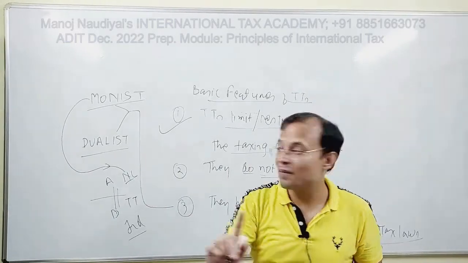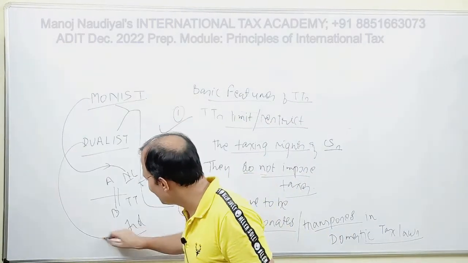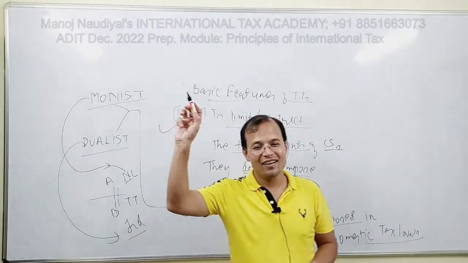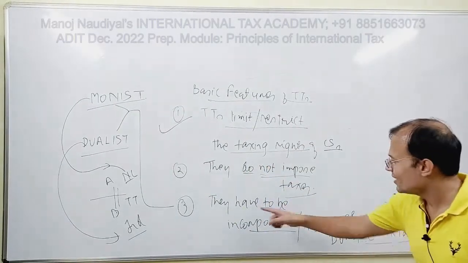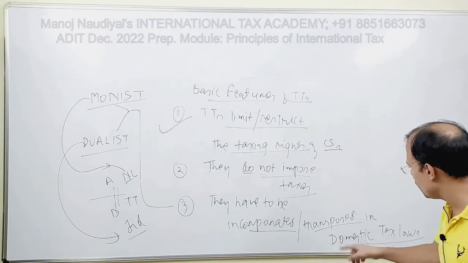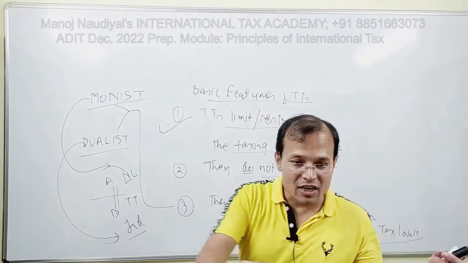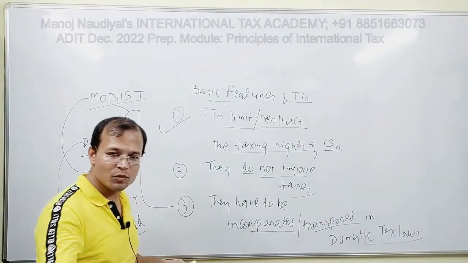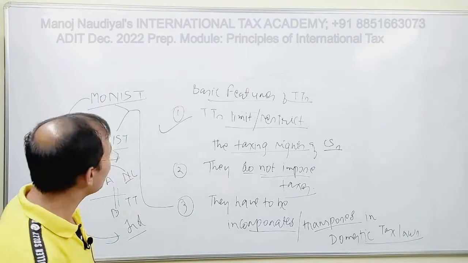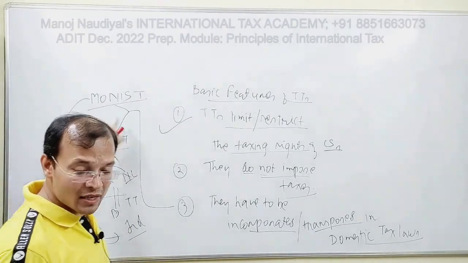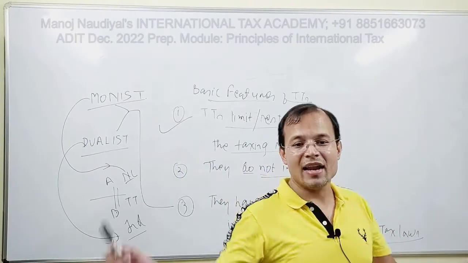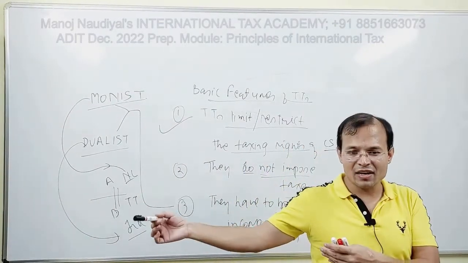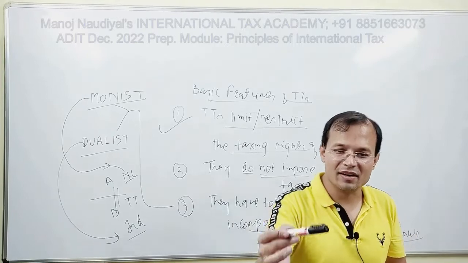So that is why India becomes a dualist country. Clear? So they have to be incorporated, transposed into domestic tax law. This adoption can be automatic in case of monist countries, while it may require an explicit separate action in the case of dualist countries.